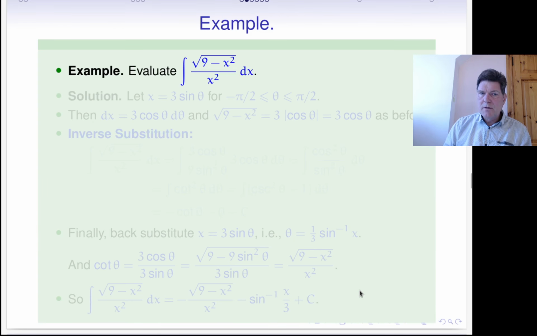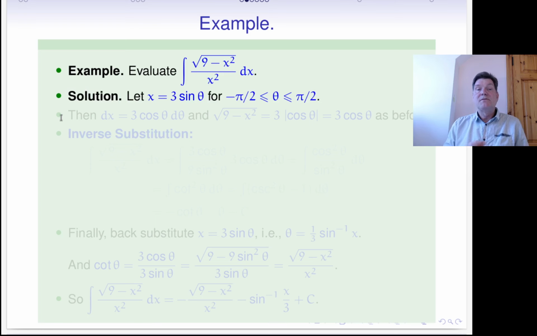So here's an example. Here's the integral over the square root of 9 minus x squared divided by x squared dx. Similar to what we've just seen, here we're looking at the difference of 9 and x squared, the difference of two squares under the square root. So following what worked on the previous slide, we replace x by 3 sine theta.